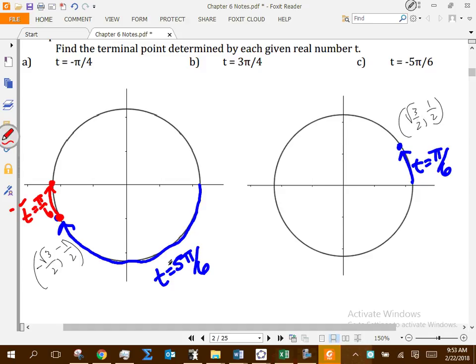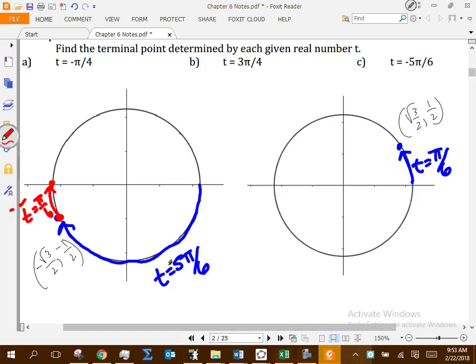And we're going to call that red one, if you remember, in Chapter 5 we were dealing with the central angle as theta and theta bar, theta bar being the reference angle. Now we've got t, which is our arc, and t bar, which is our reference arc, or reference distance, okay? And now that's going to help us determine the ordered pair.